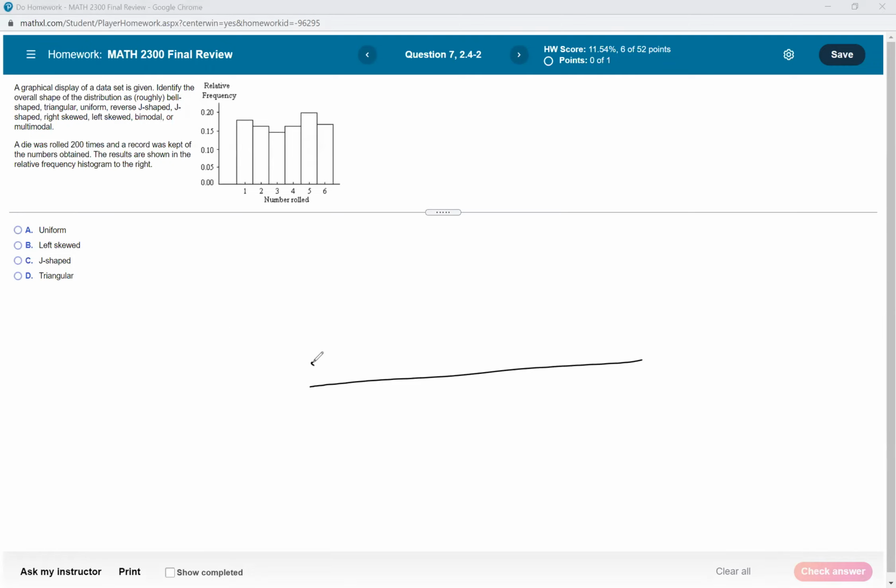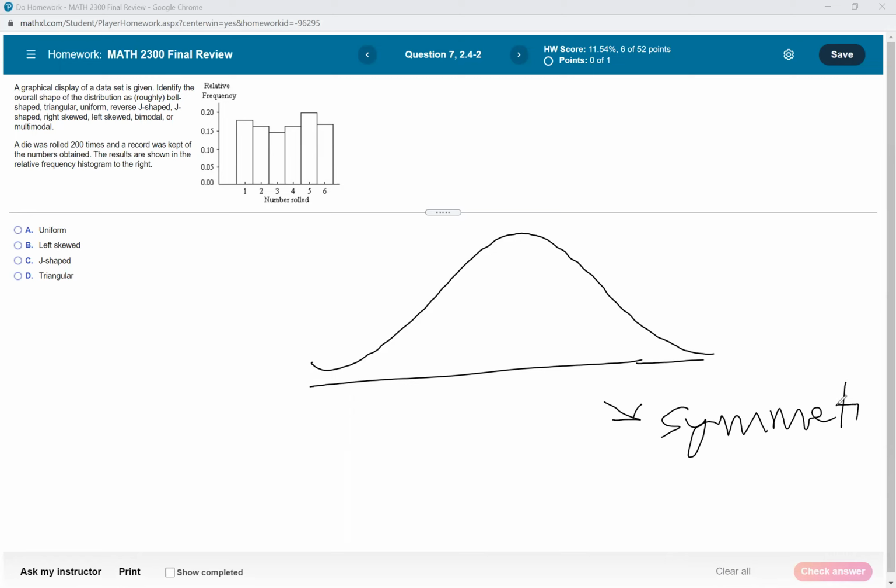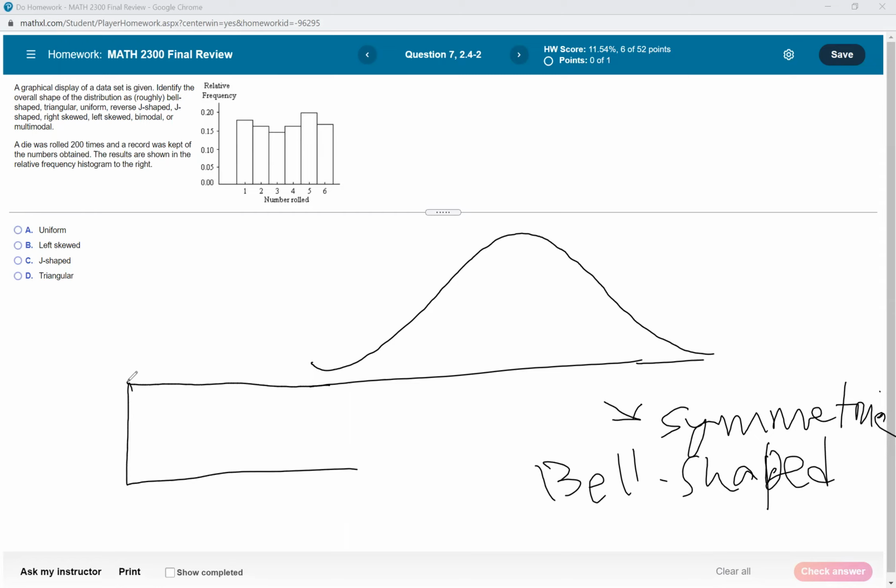If you have this type of distribution, then this is called symmetric or bell-shaped. If you have this type of distribution, then this is called uniform.